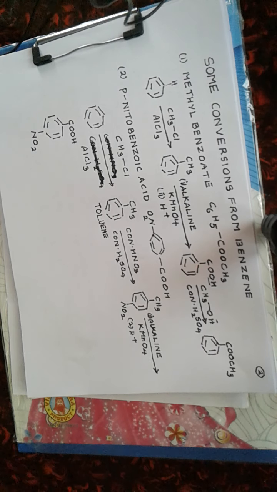Then we can nitrate this toluene, so that the methyl group, due to its plus I effect, and more than that, the hyperconjugation of the methyl group creates electron density at the ortho and para positions.